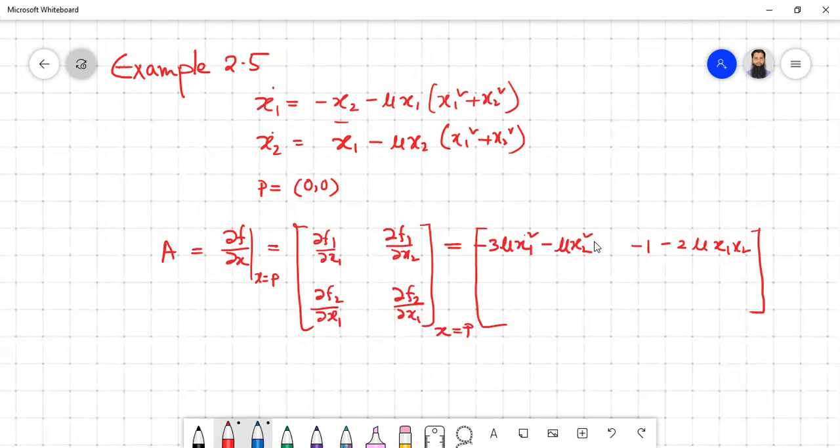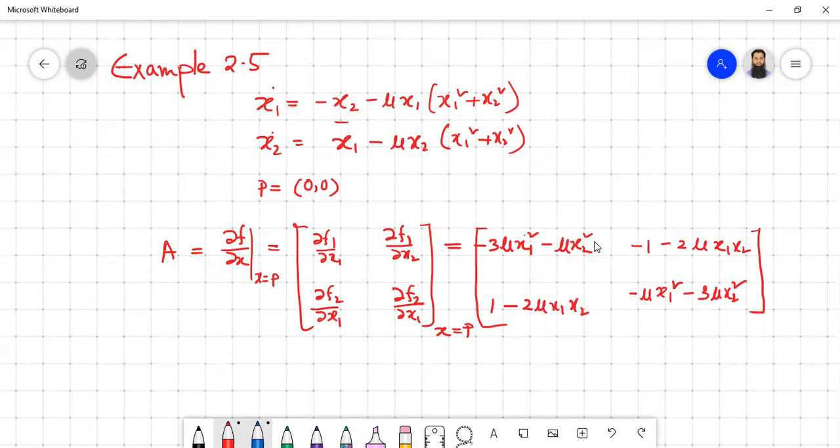Again the second one, if you differentiate with respect to x1, then it will be 1 minus 2 mu x1 x2, and the second one will be basically minus mu x1 square and minus 3 mu x2 square, because x2 cube.